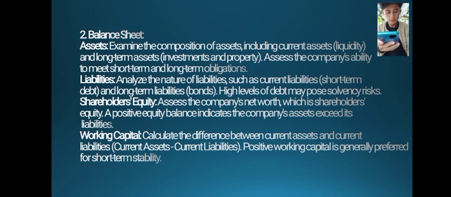Assess the company's ability to meet short-term and long-term obligations. So example sa asset is cash, accounts receivable, equipment, or buildings. So ang meaning sa asset is anything that has current or future economic value to a business.